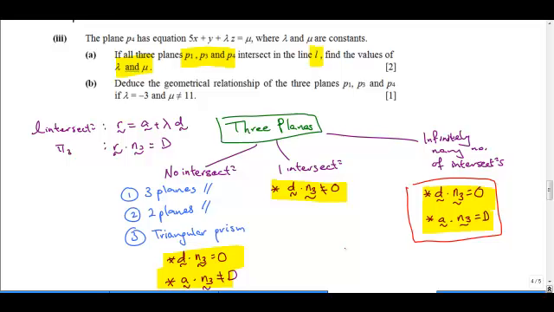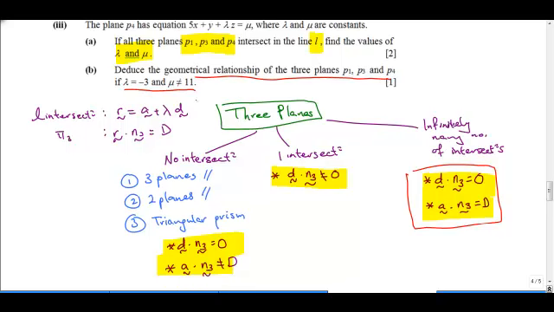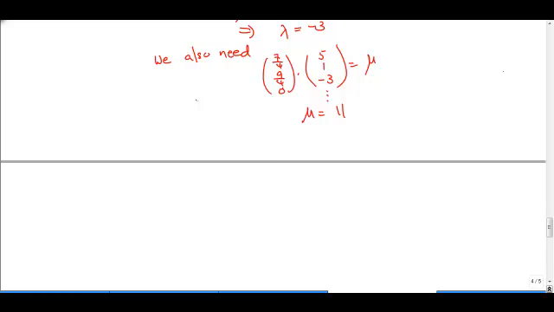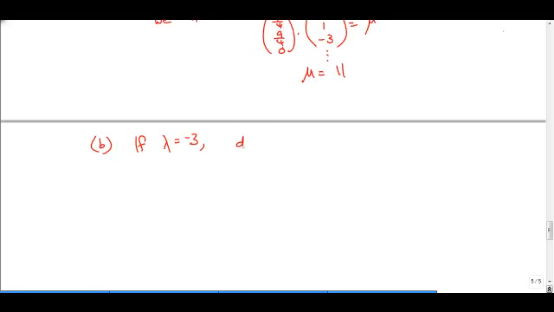In part B, I'm supposed to deduce the geometrical relationship of the three planes if λ is -3 and μ is not equal to 11. So for part B, if λ = -3, the direction vector of the line dot with n4 is equal to 0, which implies that the line of intersection between P1 and P3 is parallel to P4.